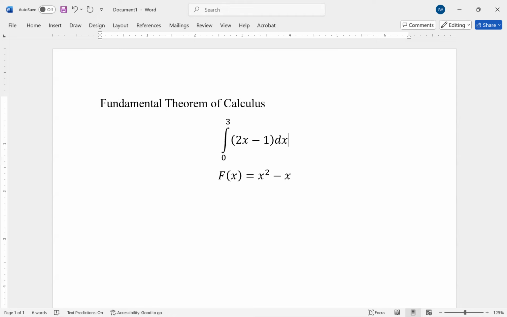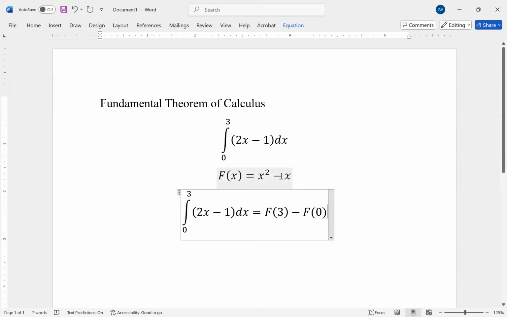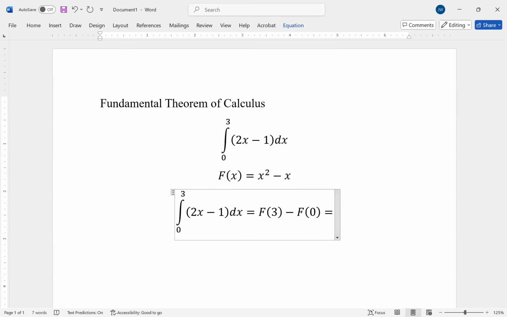So this definite integral can be found by taking capital F of 3 minus capital F of 0, where we're using this F. If you plug in 3, 3 squared minus 3 gives you 6.